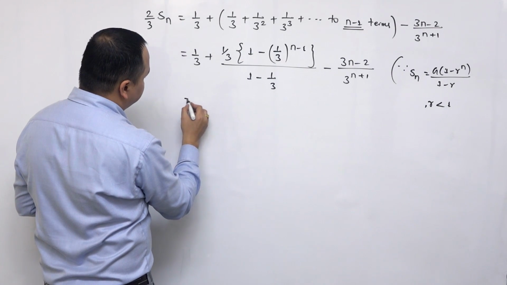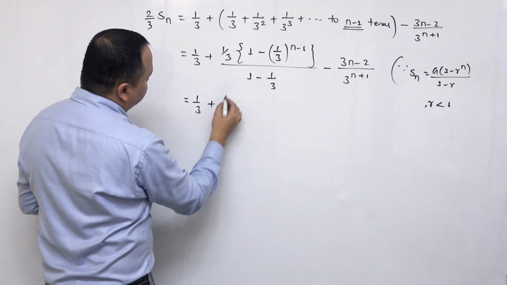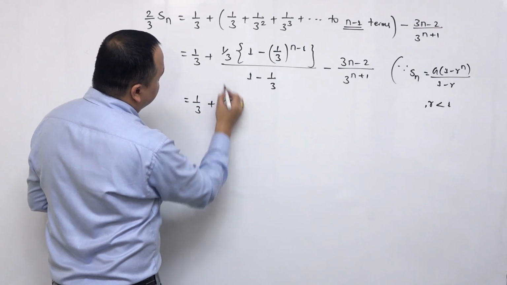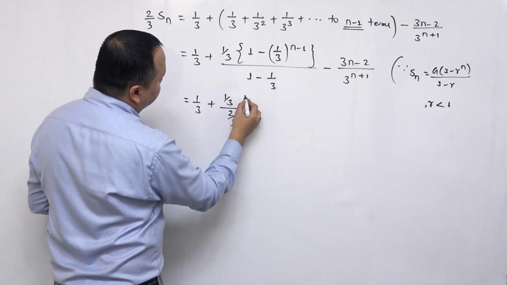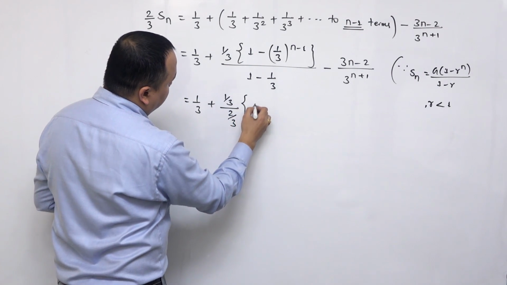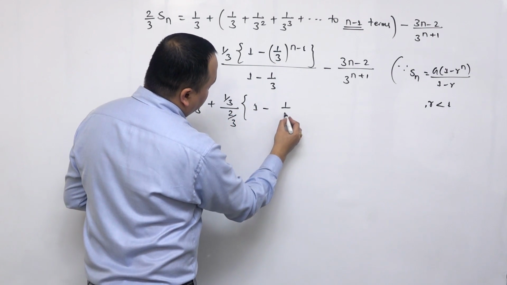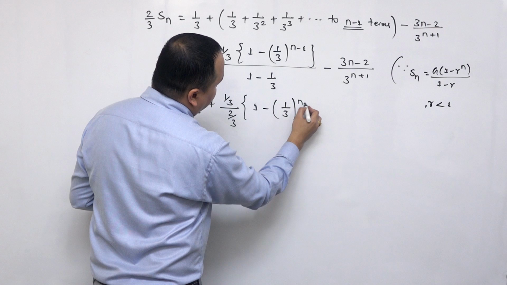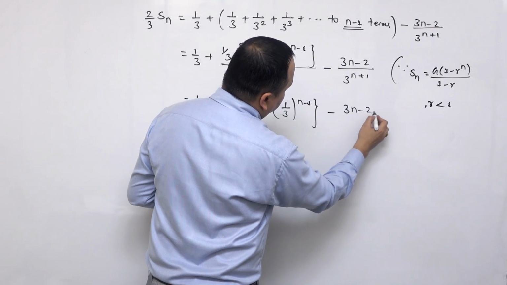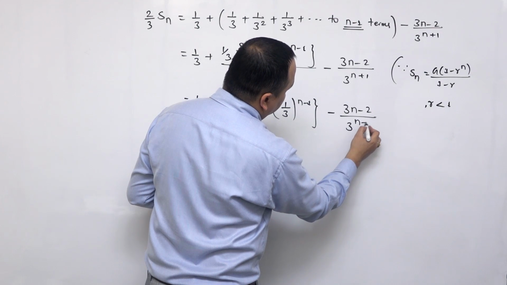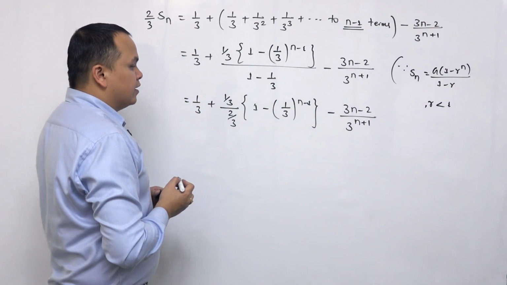So this is 1/3 upon 1 minus 1/3, which is 2/3, 1 minus 1/3 whole to the power n minus 1, minus (3n minus 2) upon 3 to the power n plus 1.